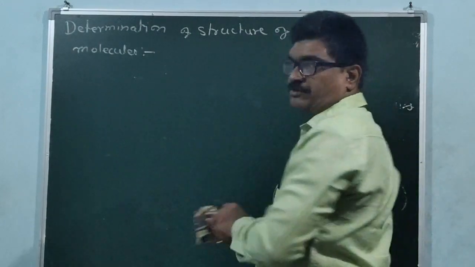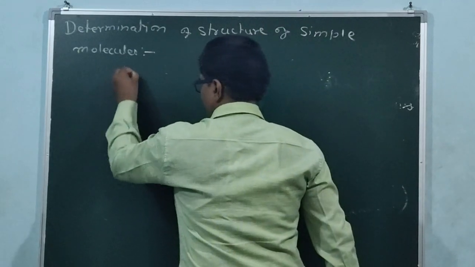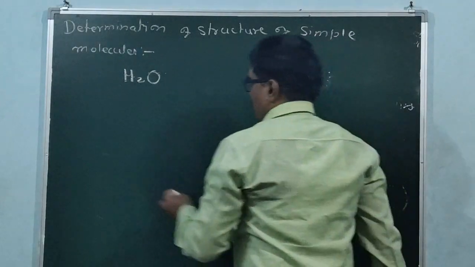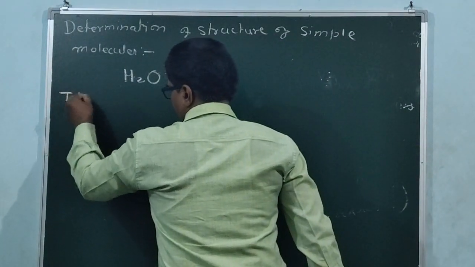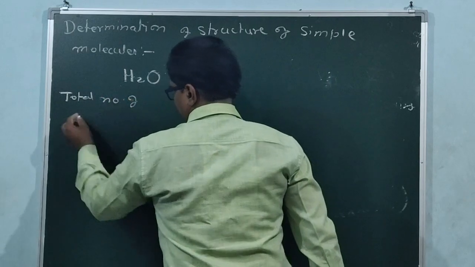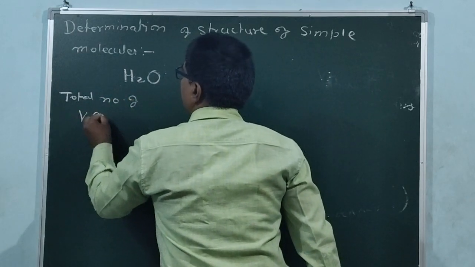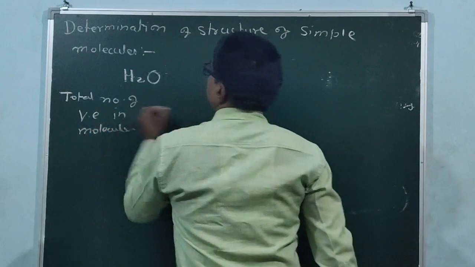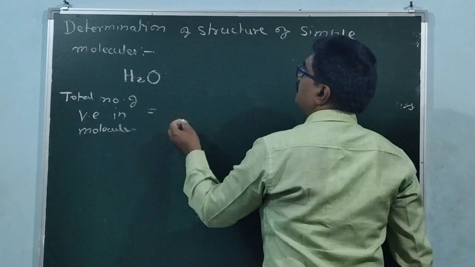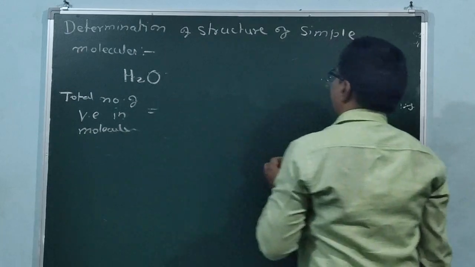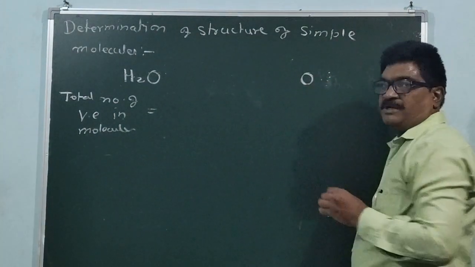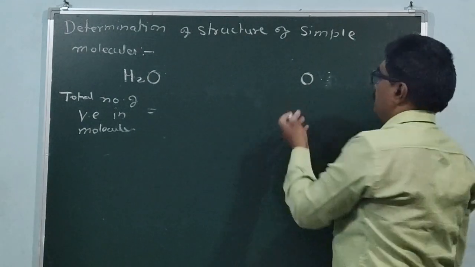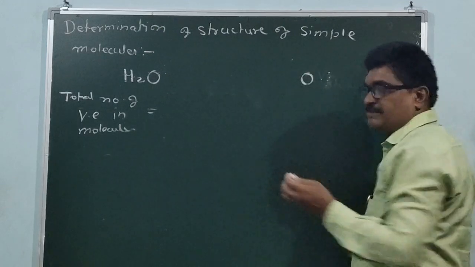Let us take the example of a water molecule, H2O. Let us calculate the total number of valence electrons in the molecule. For oxygen, again go to the periodic table or write the electronic configuration and count the electrons in the outermost shell. I use the periodic table.